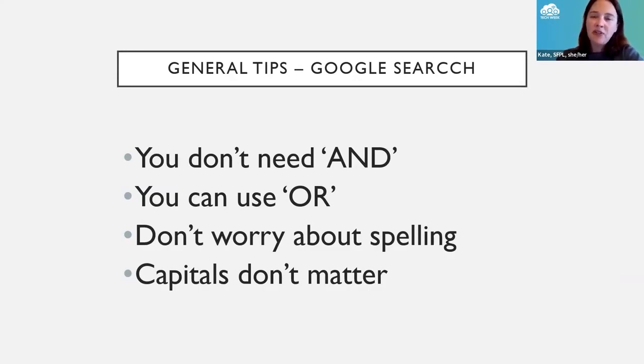When I'm doing a search, you start with simple keywords that capture what you're looking for, but are not too specific. Because the more keywords you put in, the fewer results you're going to get. When you're adding in a keyword, you're asking Google to find things that are relevant to that keyword and this keyword and all the keywords you put in.